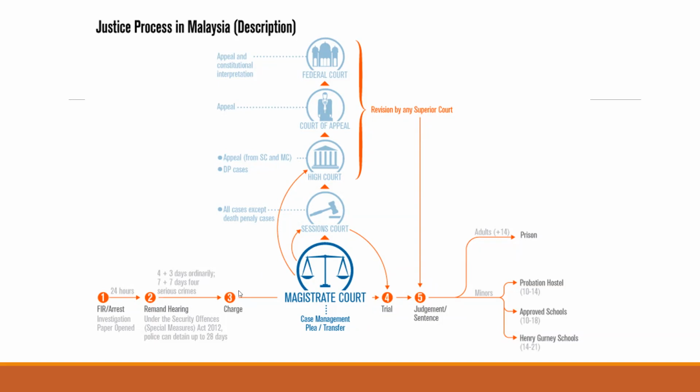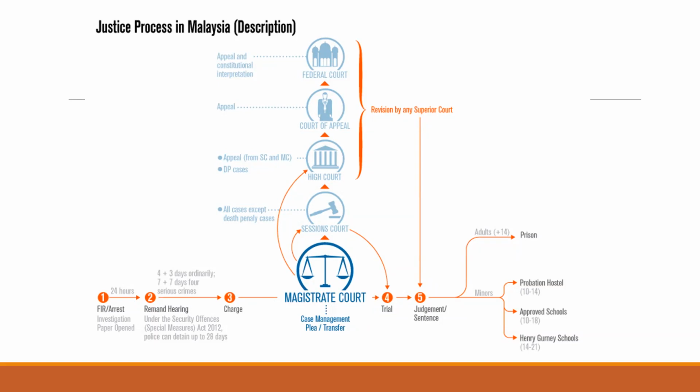If the investigation shows that the accused is highly suspicious of committing a crime, then the accused will face charge in Mahkamah. Usually the magistrate court is the one that reads the charge to the accused.